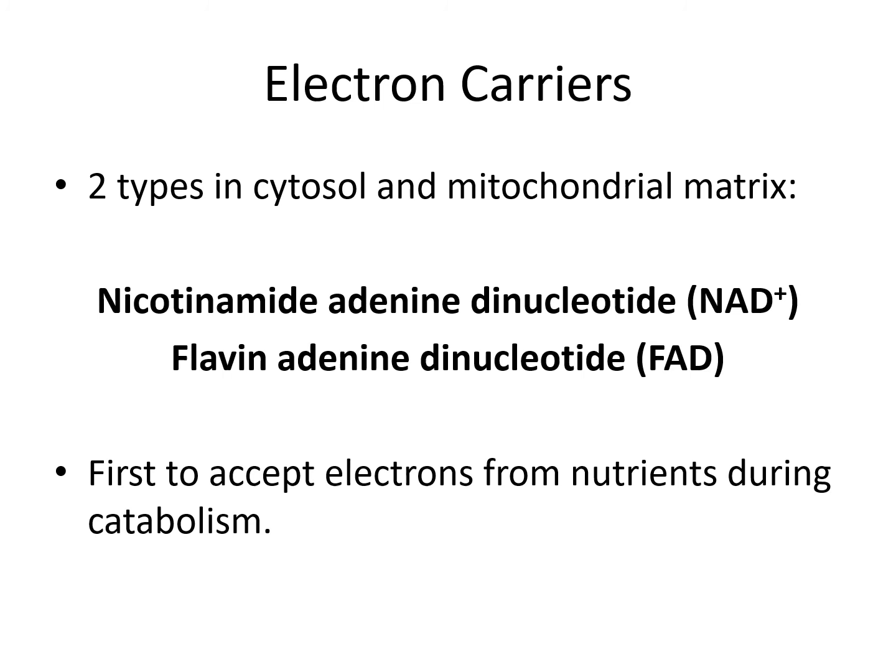And these are the first ones to accept electrons from the nutrients during catabolism. So as the proteins, the lipids, and carbohydrates are broken down, electrons are taken from them, and they're bound to the electron carriers. And these electron carriers then have these high energy bonds that are going to carry them to the mitochondria to eventually make ATP.